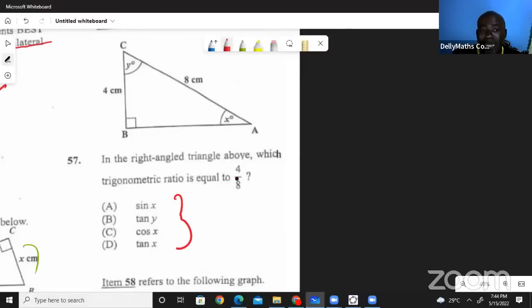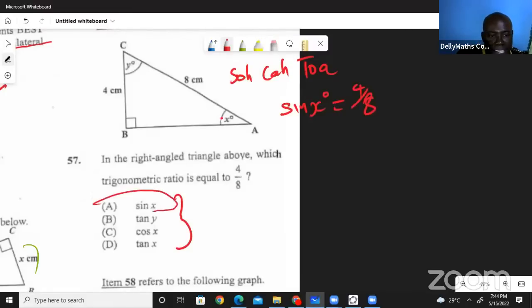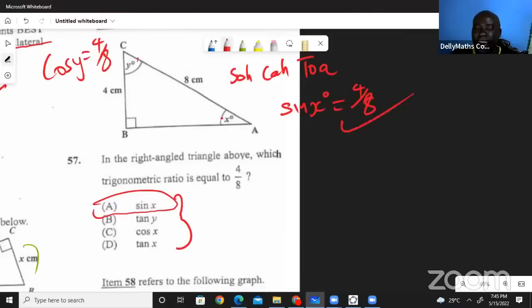So there are 2 of 4/8. If I'm standing at X, I would say SOH CAH TOA. So if you're using SOH CAH TOA, you would have said that the sine of the angle at X is 4/8. All right. So that is done. If you were standing at Y though, the cos of Y is also 4/8, but that is not there. Cos of Y is not there, so the sine of X is what you would have chosen.